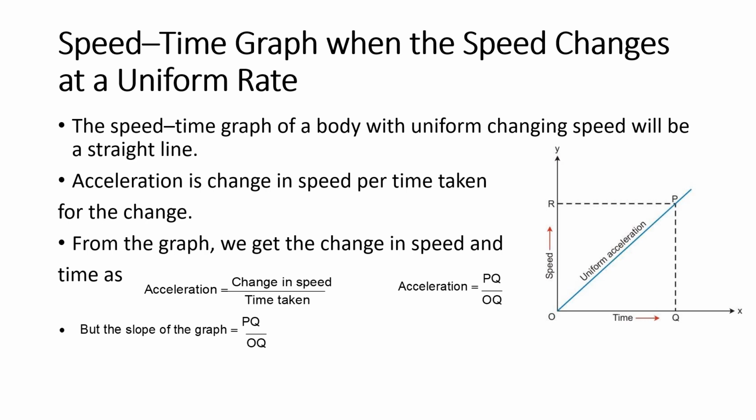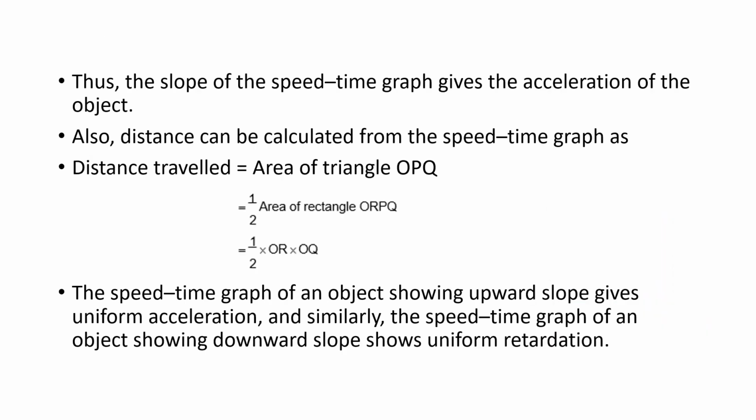From the graph we get the change in speed and time, as acceleration is equal to change in speed divided by time taken, that is equal to PQ divided by OQ. But the slope of the graph is equal to PQ divided by OQ. Thus, the slope of the speed time graph gives the acceleration of the object.